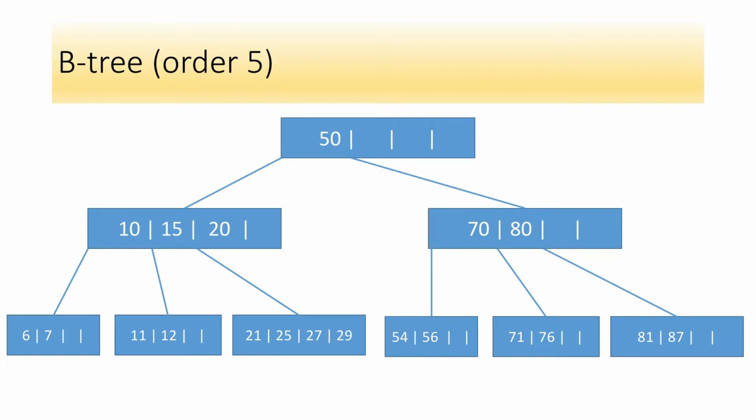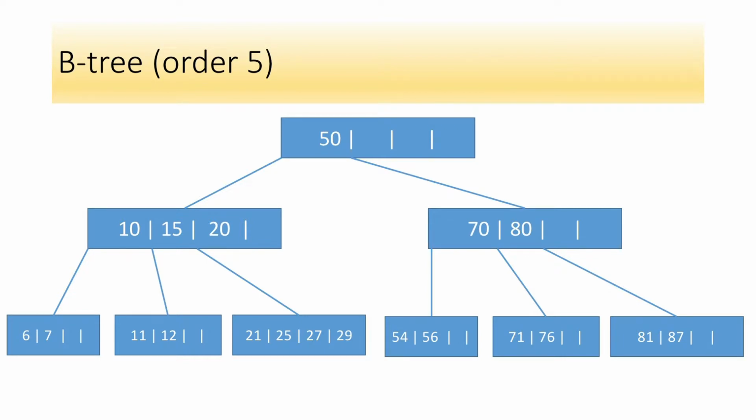Okay, wait, that's something messy there. Okay, well, what are we going to need to do there? Well, I'm sorry, actually the right side of the 20, I've got the pointer in the wrong place, but I'll say the right side of the 20, 21, 25, 27, 29. Just imagine that that's not between the 15 and the 20. Now it's to the right of the 20. The 22 goes in there, but it only holds 4. Okay, glad that I caught that little thing there, which is good because you can actually see these.